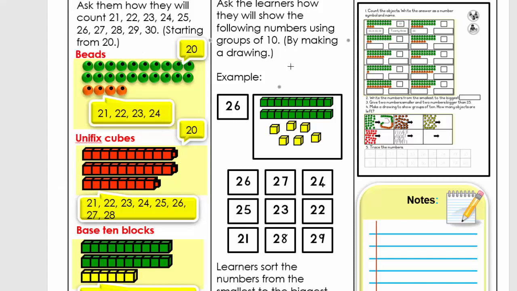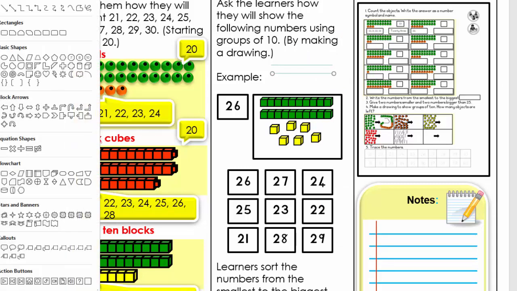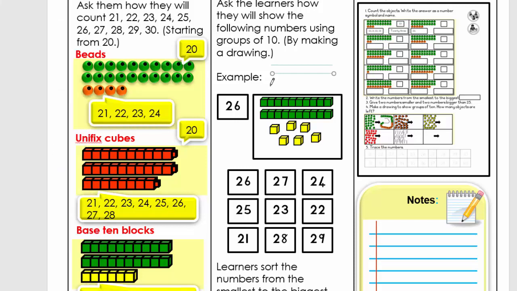When they draw it, they can simply say this represents 10, and that represents 10.